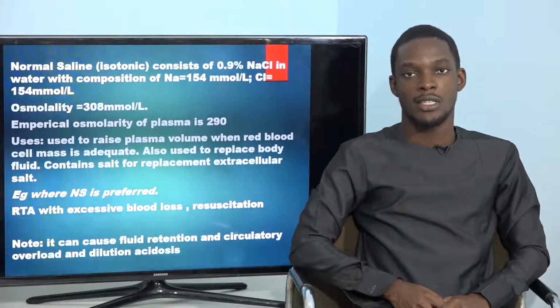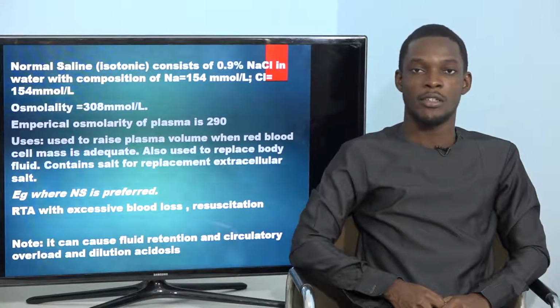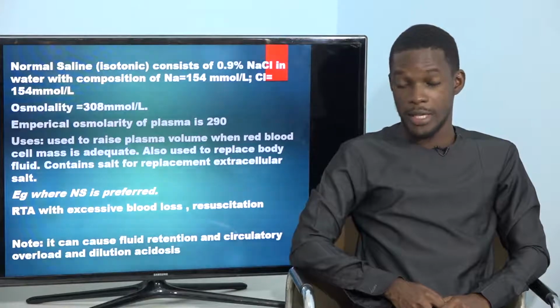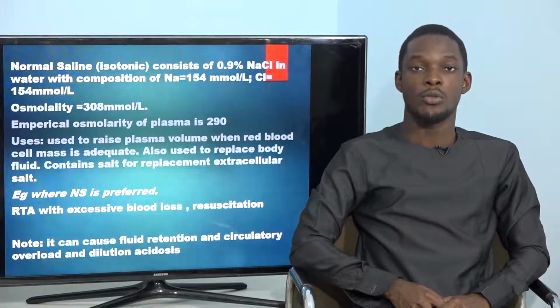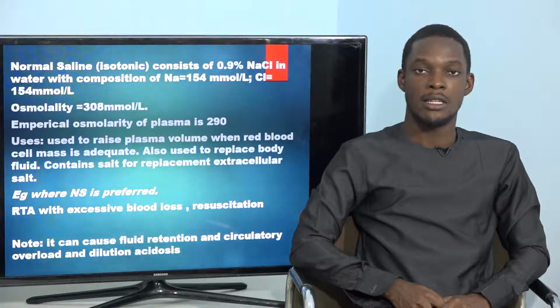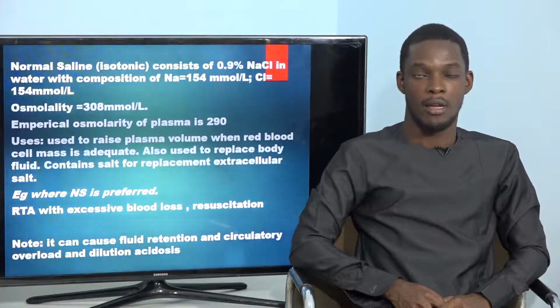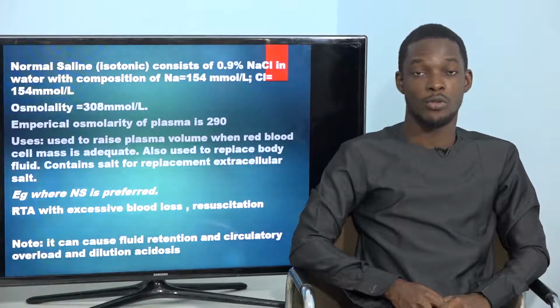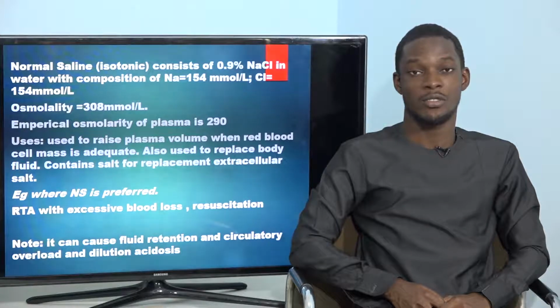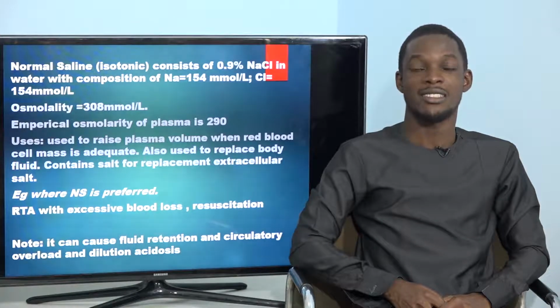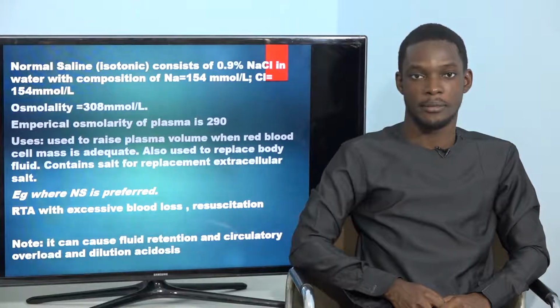During ward rounds, a smart student or a smart doctor may say normal saline is not really isotonic due to the differences in the osmolarity from the plasma osmolarity, which is 290. However, it is important to note that in terms of function, normal saline tends to function as an isotonic solution, and therefore it is considered isotonic.